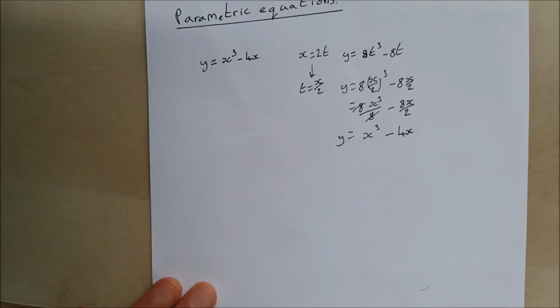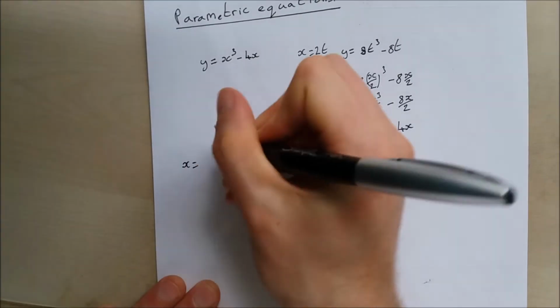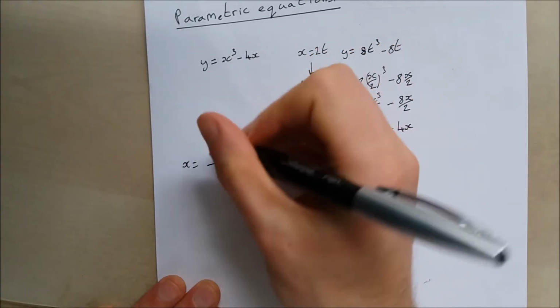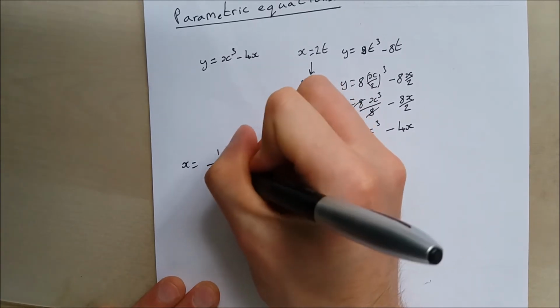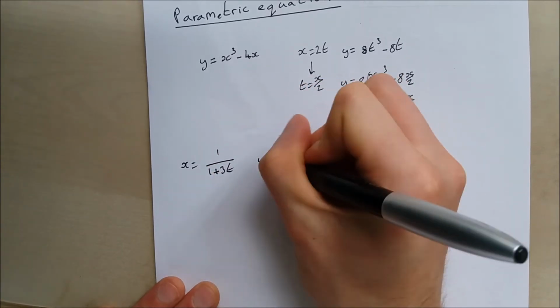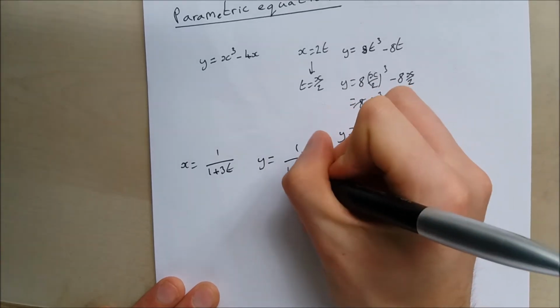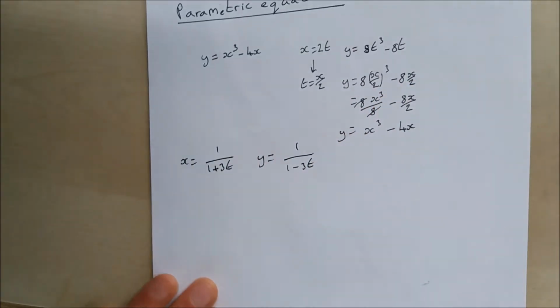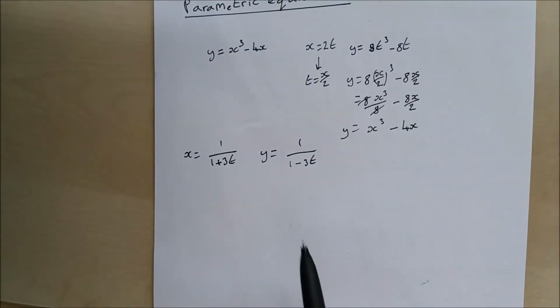If you do another example, say you're given x equals 1 over 1 plus 3t and y equals 1 over 1 minus 3t. Usually you have y on its own and then the x's on the right hand side.